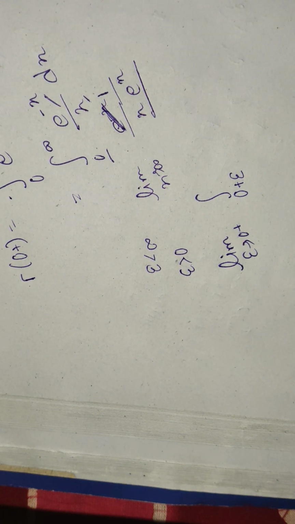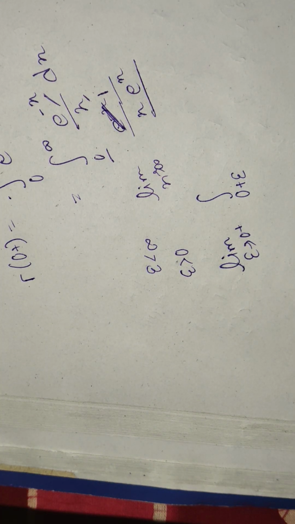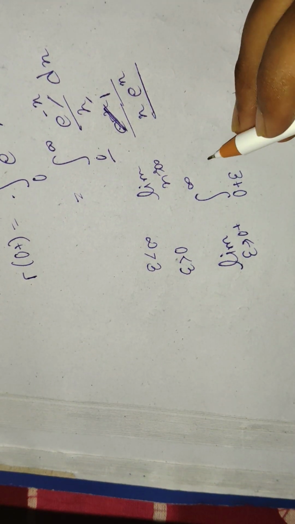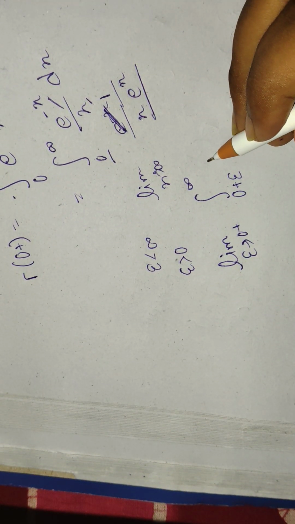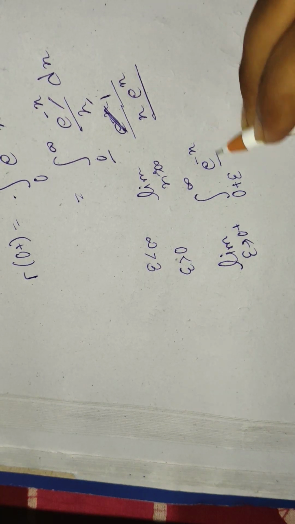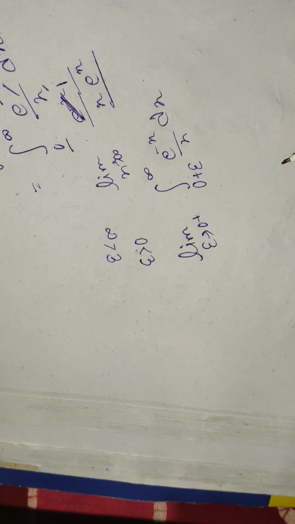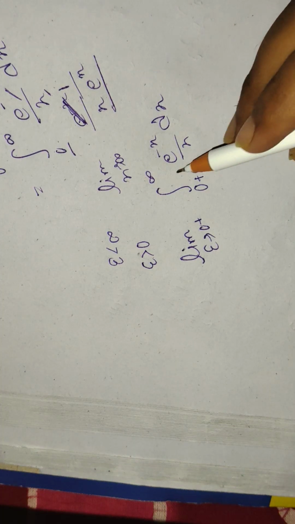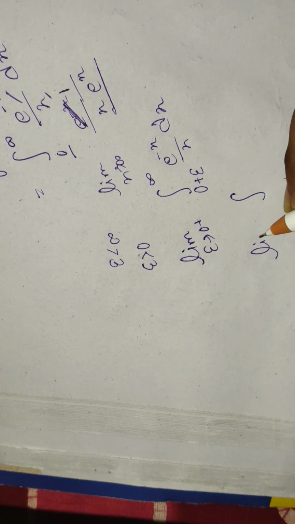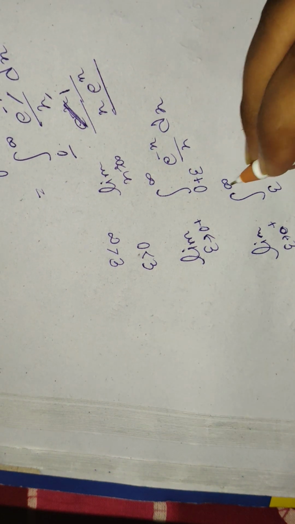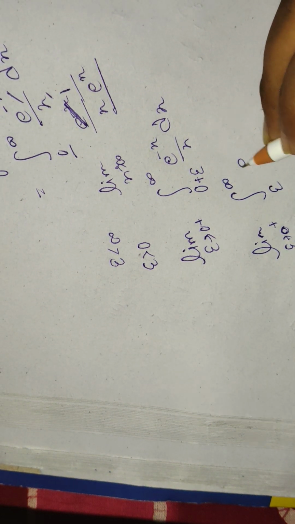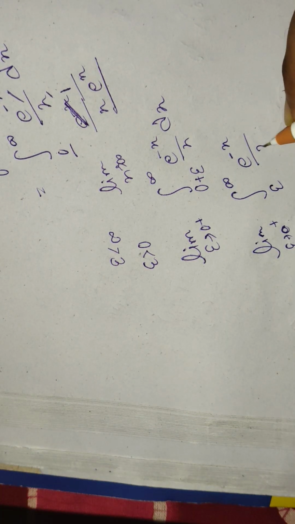If we subtract epsilon from 0, then we will not be in the region we need to talk about. So this is the function dx. Now you can see this is the limit epsilon tends to 0 positive, from epsilon to infinity, e to the power minus x by x dx.